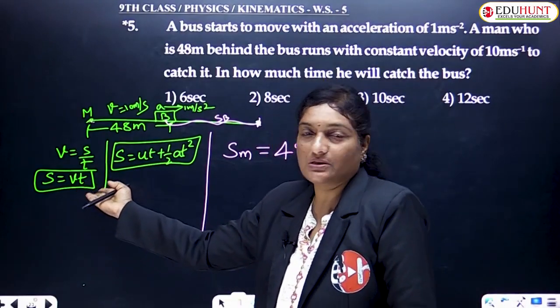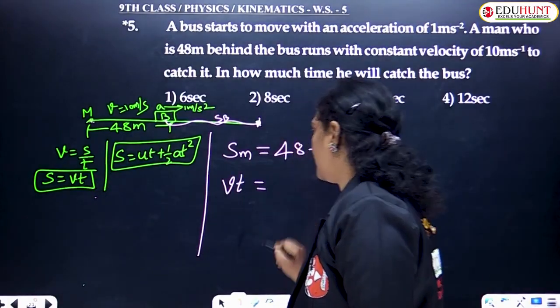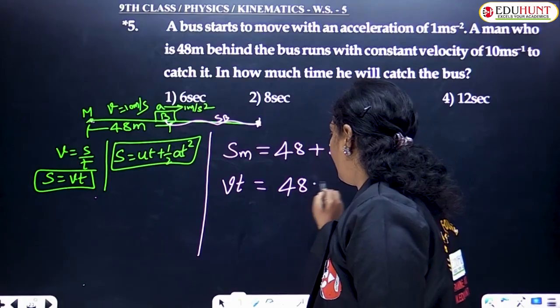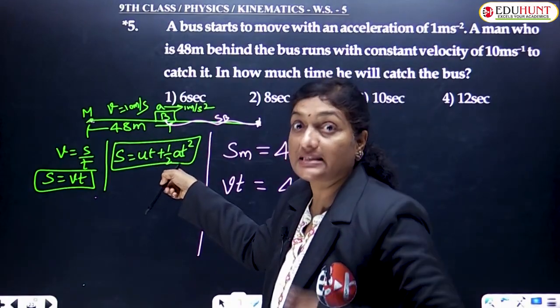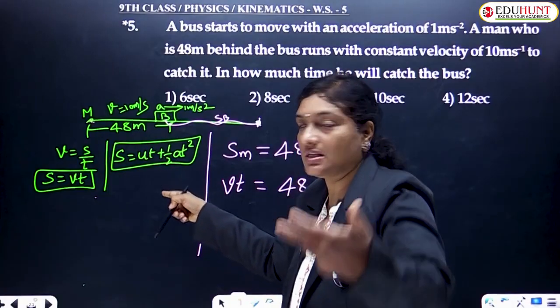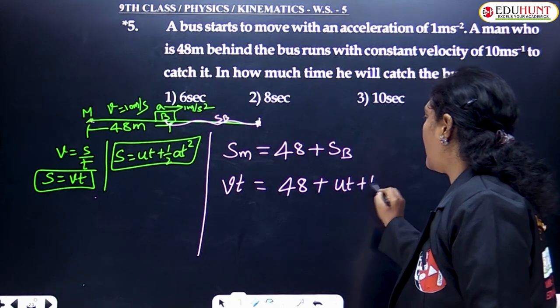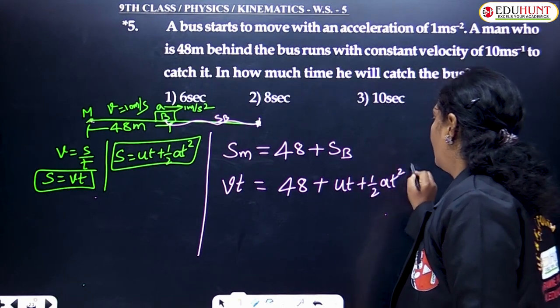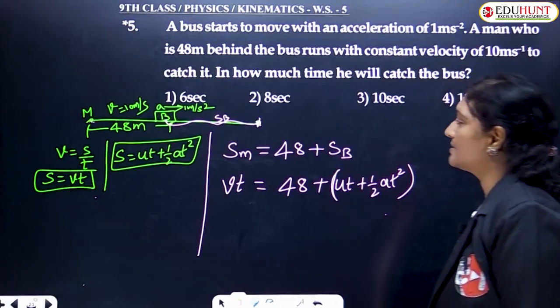Well, simply because he moves with constant velocity, V into T equals 48 plus the distance traveled by the bus. Because it is accelerating, velocity is changing, so the formula you need to consider is ut plus half at square. That's it, children.